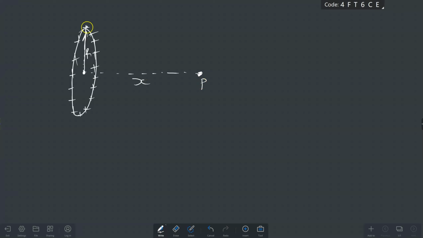We isolated a charge that was there, which we called dq, and this distance here was the square root of x squared plus r squared. Let me make that a small letter r.